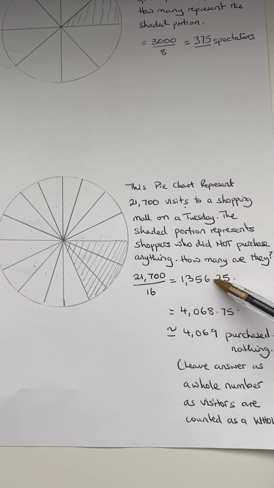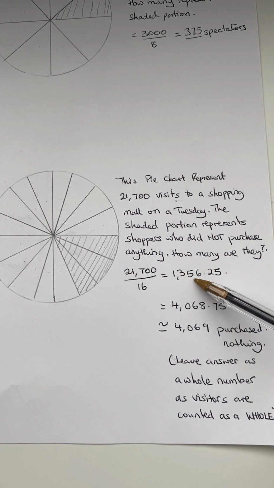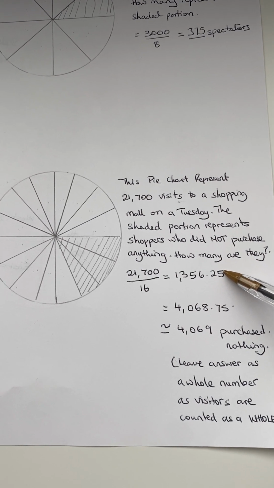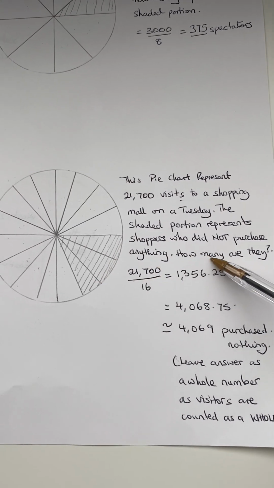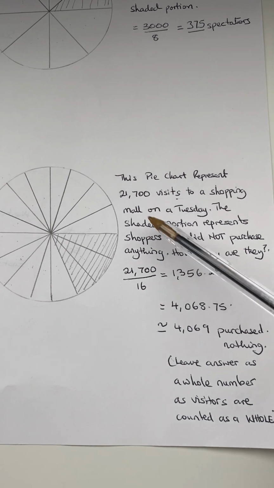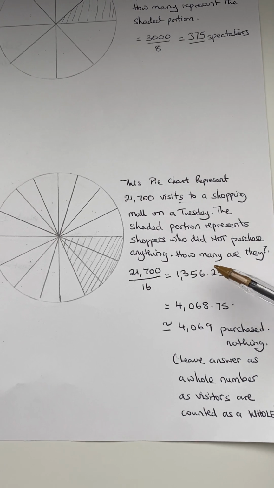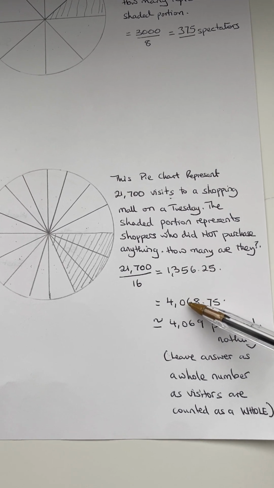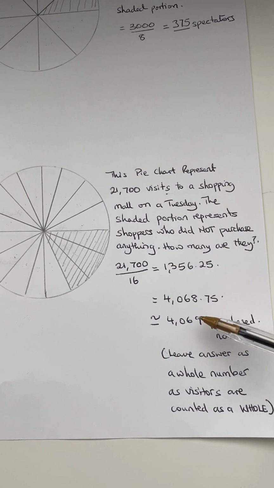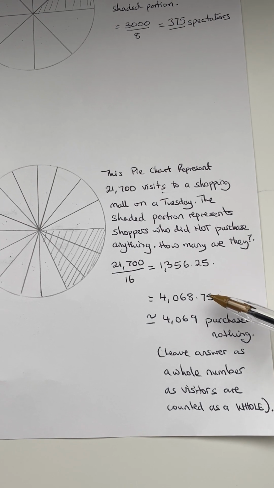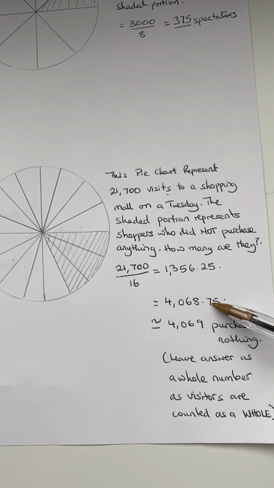So when you divide by 16, you get 1,356.25, and then you times by 3, because this value here is for one portion. Okay, so when you times by 3, you get 4,068.75. Okay, I used the calculator here, but I can't leave my answer this way because these are shoppers.